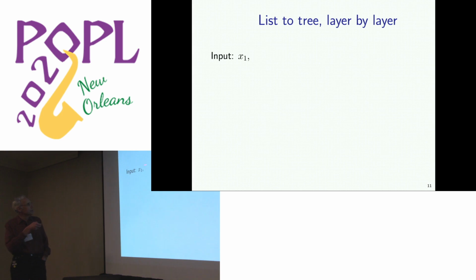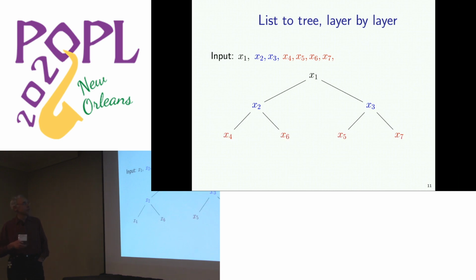So here you have your input elements. And if you have just x1, then of course it corresponds to that tree. Here the x's are really the elements and not the indices. And if 2 more elements come along, then they will get added to that tree like this. And if 4 more elements come along, or some initial fragment of those 4 elements, then they would get added as well.